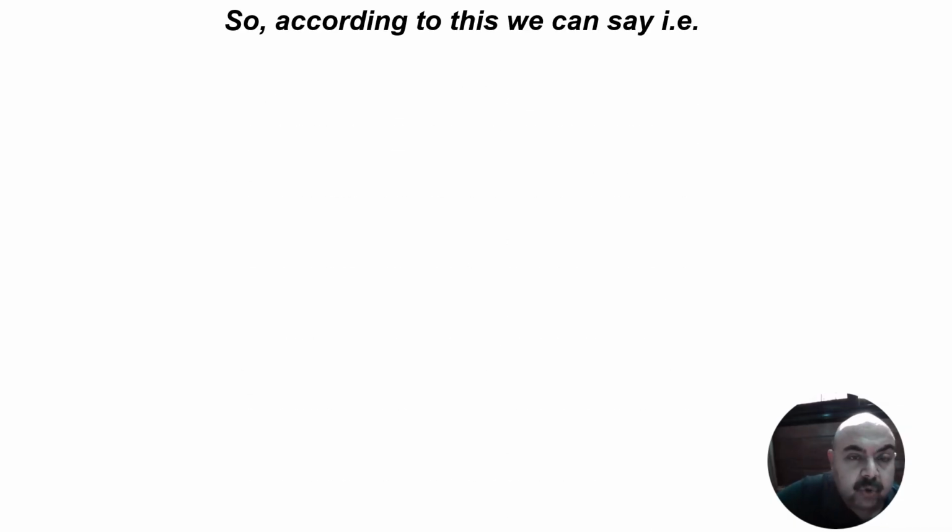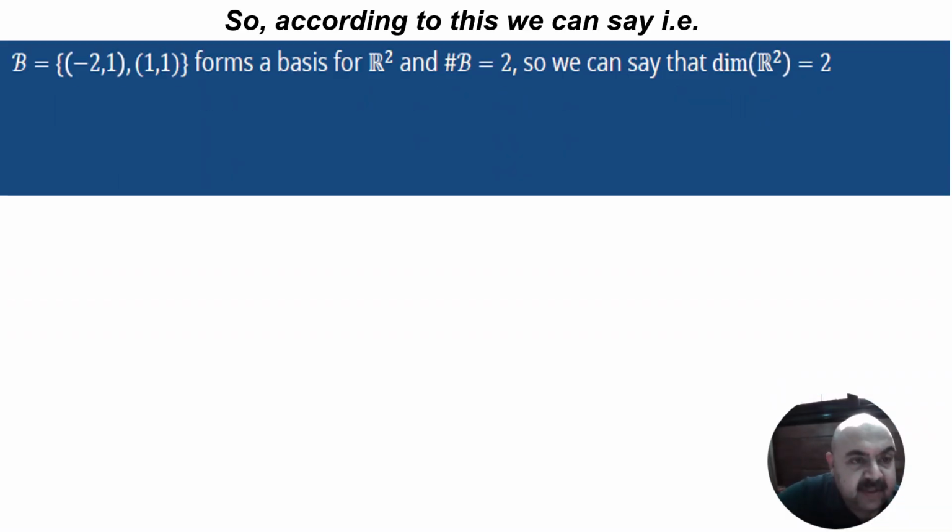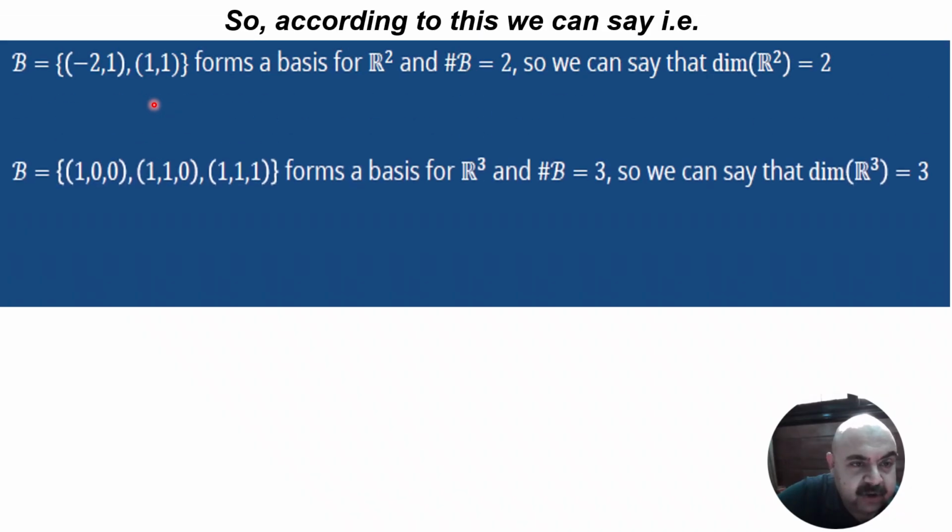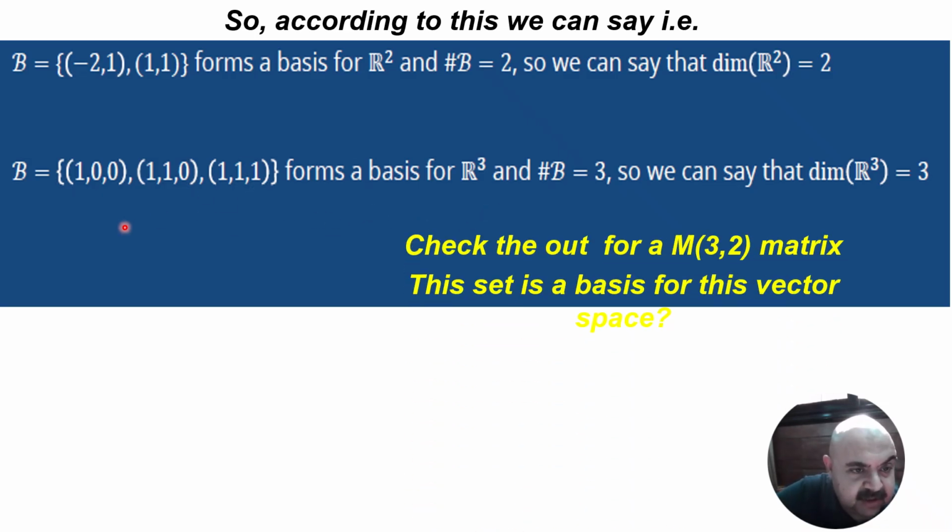Okay, so according to this, we can say that this set of vectors forms a basis of R2, and the number of vectors, as you can see, is 2. So the dimension of R2 is 2. For the set of vectors that we already discussed in the previous example, they are a basis for R3. The dimension of R3 is 3.